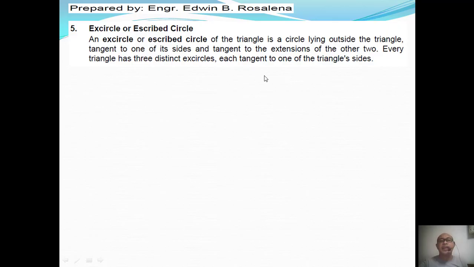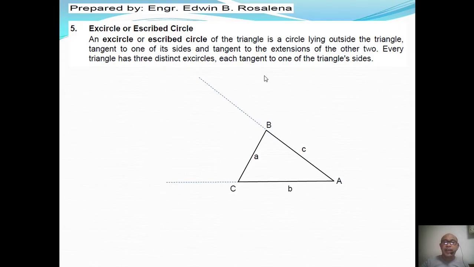So, let's say we have this triangle. I can extend the two sides here, and then I can draw a circle outside the triangle that is tangent to the two prolongations and the third side not extended. So we call that circle the exscribed circle.